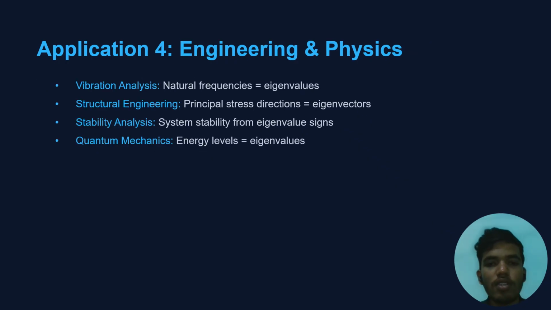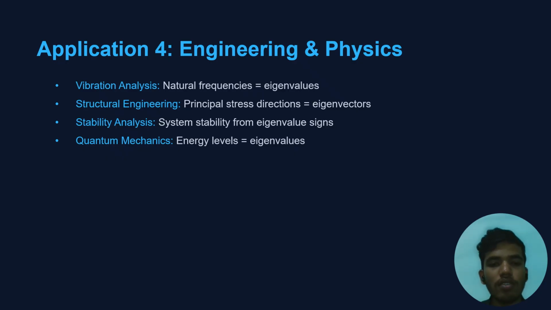This is also used in engineering and physics. We can determine vibration analysis: natural frequencies equal eigenvalues. Structural engineering: principal stress directions are eigenvectors. Stability analysis: system stability comes from eigenvalue signs.